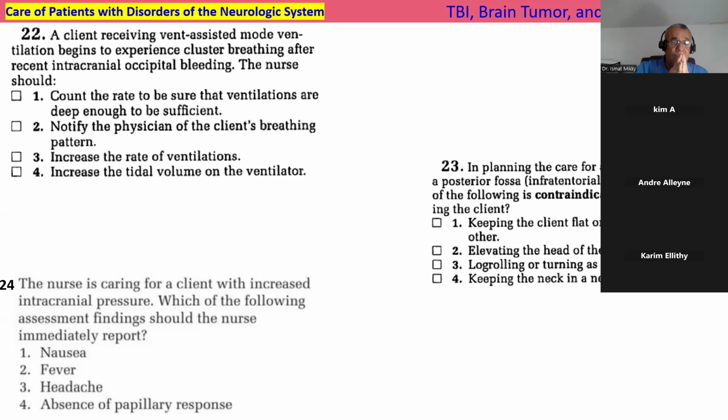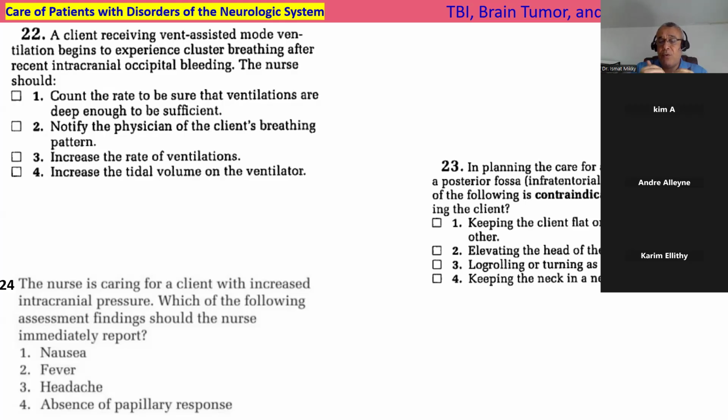So elevation of the head of the bed post infratentorial craniotomy should be contraindicated, because elevation of the bed in this specific case is going to cause herniation of the brain down onto the brain stem and spinal cord, resulting in sudden death.